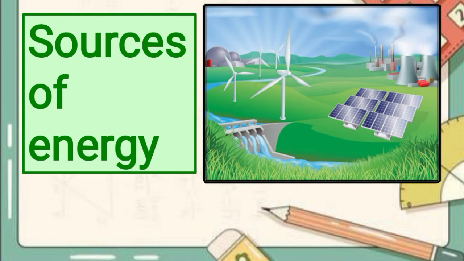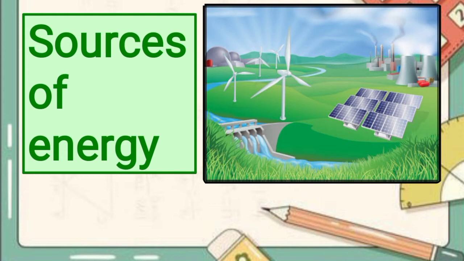Thus we can say that all living things, plants, animals and human beings, depend on solar energy directly or indirectly for their energy needs. The main source of all energy on earth is the sun. The energy that we get from the sun is called solar energy.